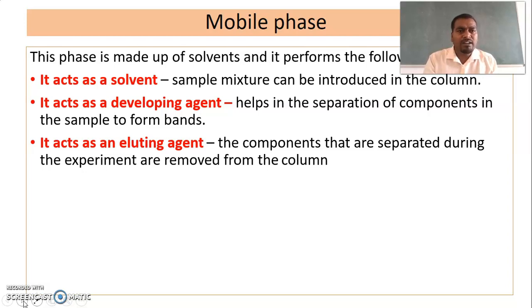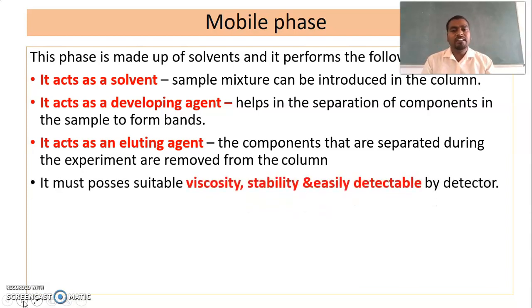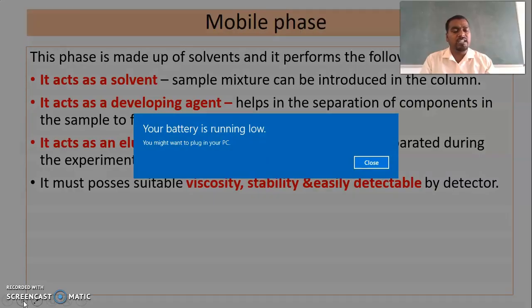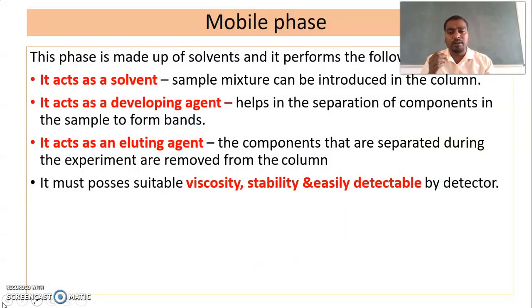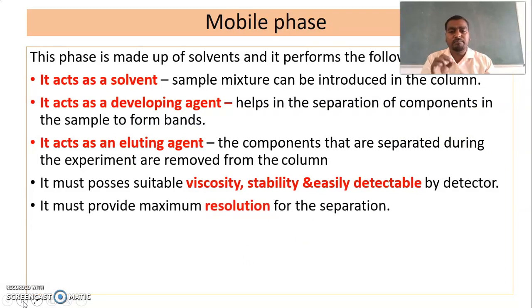The solvent used for elution is called the eluting agent. So the mobile phase acts as solvent as well as eluting agent, and it must possess stability and viscosity, and it must be easily detectable by a suitable detector, and along with that it must provide maximum resolution.